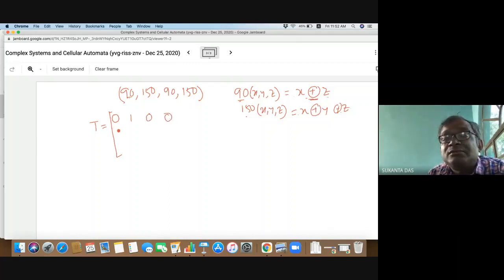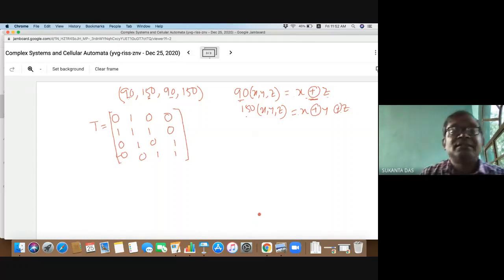The second cell is 150, so it depends on left neighbor, self and right neighbor: 1, 1, 1, 0. The third is 90 again: 0, 1, 0, 1. And the last is 150: 0, 0, 1, 1. This is my T.